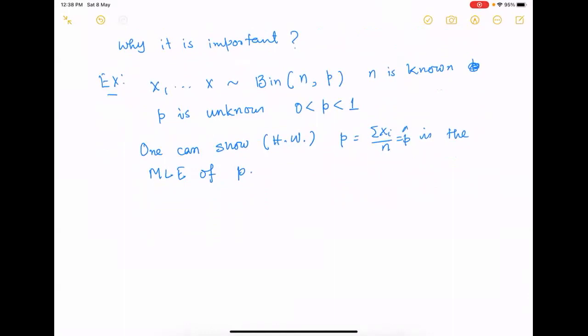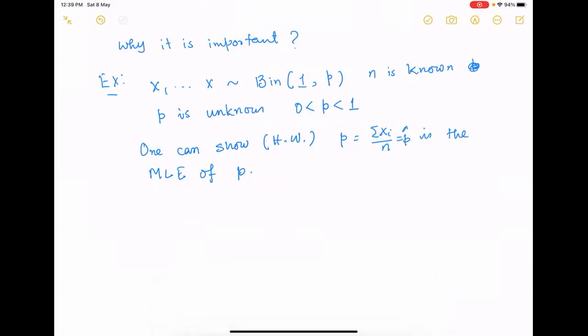Actually, I'm making a mistake here. Let us take even simpler. Let's make n equal to 1. Otherwise, there will be some issues. Bernoulli distribution. Then it will be, yeah.